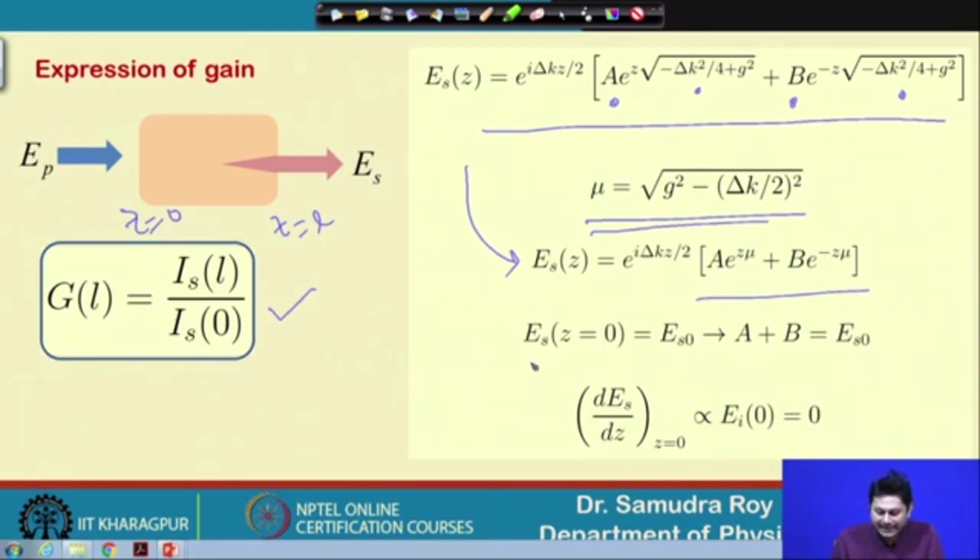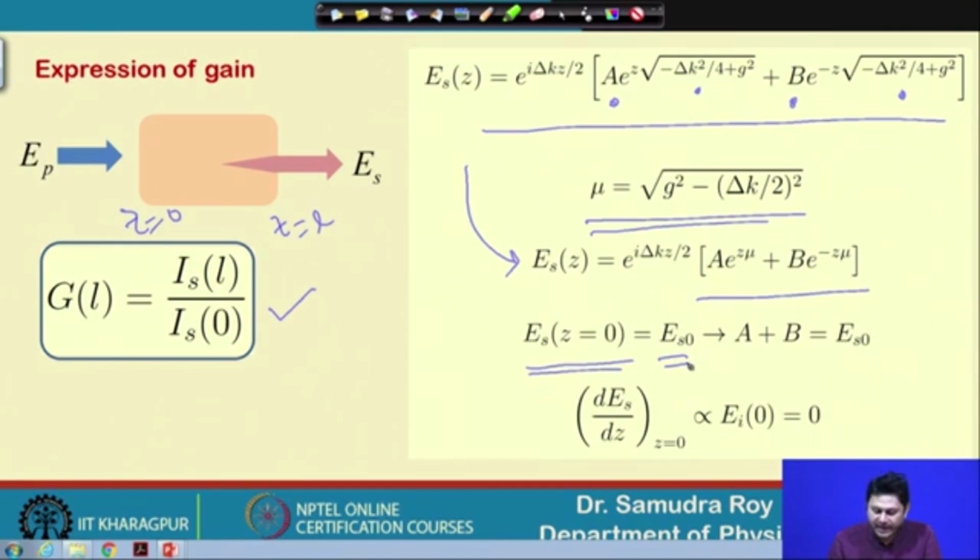Now, we know E_s at z equal to 0 is E_s(0), because at the input I should have some sort of signal, otherwise I will never generate any kind of amplification. Classically we find that some amount should be there, but quantum mechanically, from the quantum vacuum or quantum fluctuation, one can consider that there should be some value of field at z equal to 0.